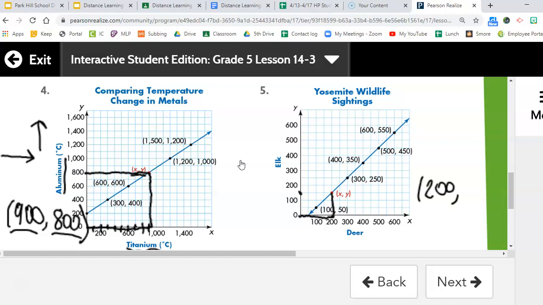So what's right in between 100 and 200? Well, that would be 150. So my y coordinate is 150. So that means that when there are 200 deer sightings, there are 150 elk sightings. All right.